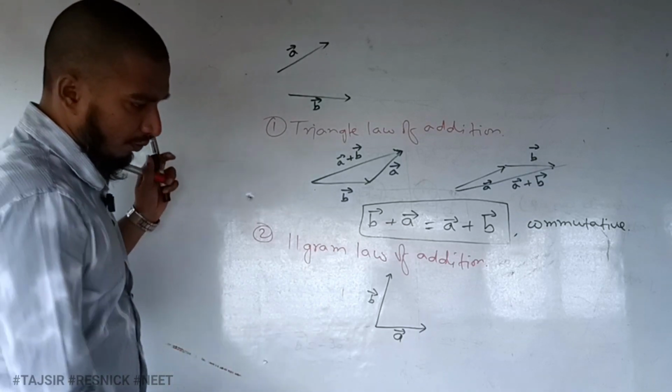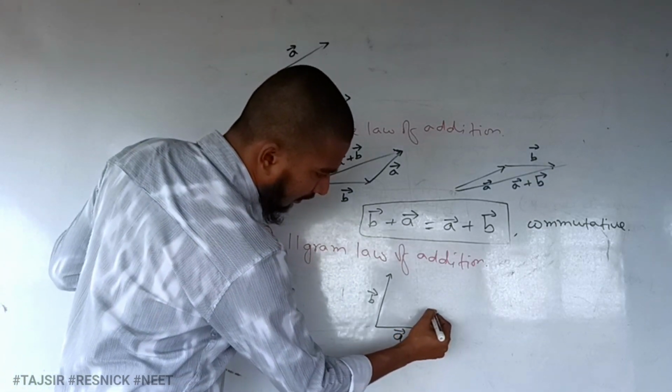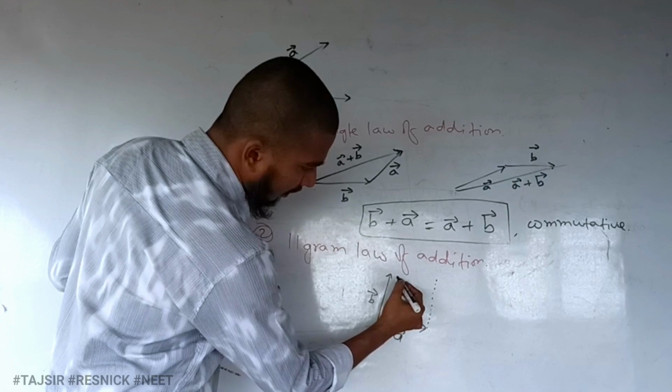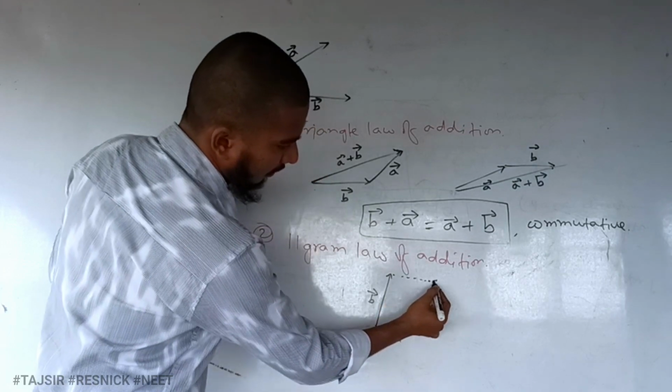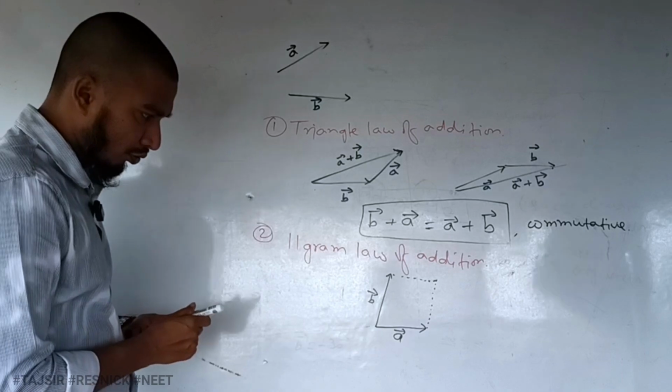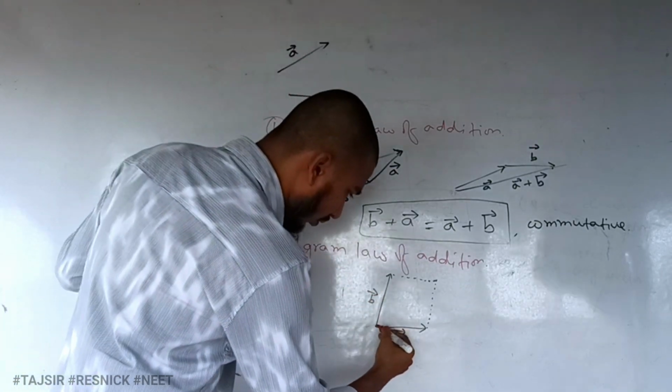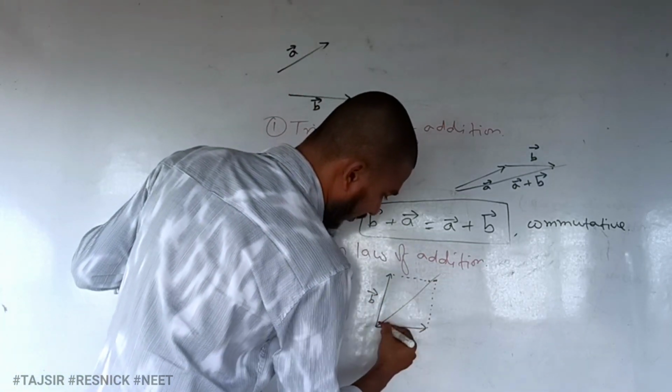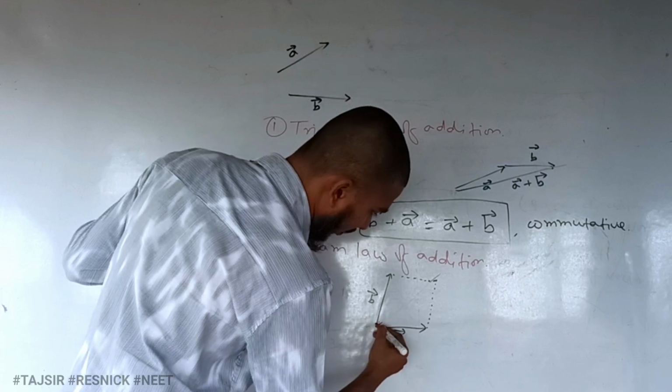Then we can complete a parallelogram like this, and when it is completed, we can draw the diagonal. Let me draw it clearly.